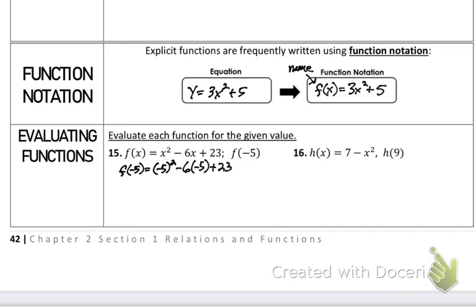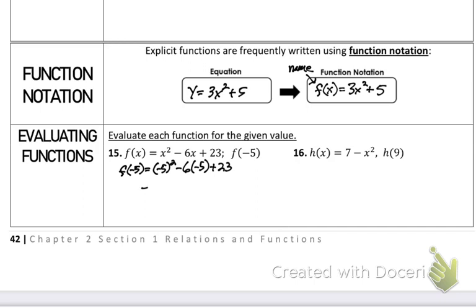I highly encourage you to use parentheses every time you input, because you're going to be dealing with negatives. You'll also be dealing with ones where I might ask you to do f of x plus 1, where you have to replace all your x's with x plus 1. No matter what's here, you need to replace your x with it. If I put smiley faces here, you have to replace all your x's with smiley faces. This says, Simon says, plug a negative 5 in there, so you have to replace them all with negative 5s. No matter what I put in there, you have to replace it with what's there.